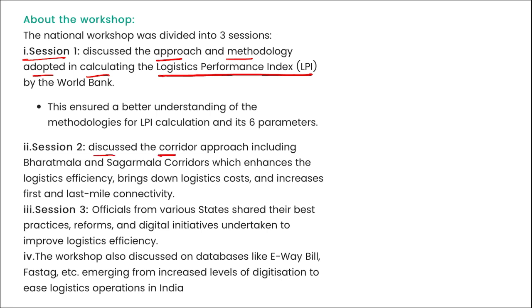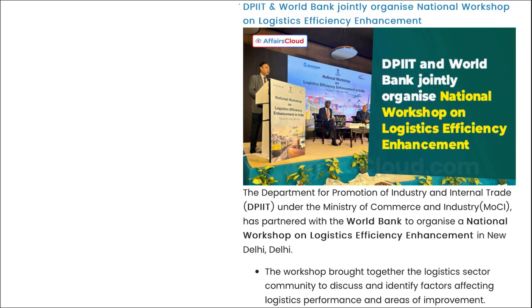Then they discussed the corridor approach, including the Bharatmala and Sagarmala corridors, which enhances logistic efficiency. For the 3rd session, officials from various states shared their best practices, reforms and digital initiatives to improve logistic efficiency. So this workshop, divided into these 3 sessions, was working towards enhancing the logistics sector, and DPIIT and the World Bank jointly organized it.